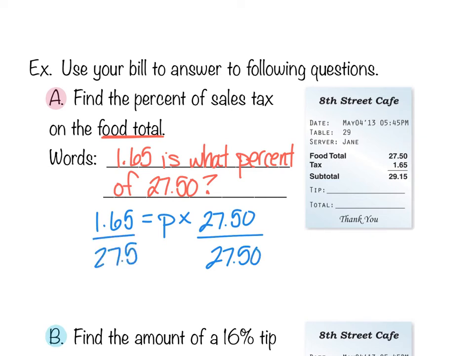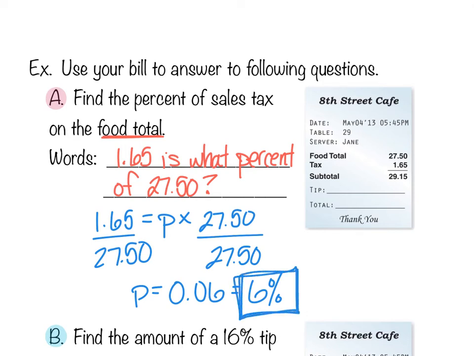Remember, P needs to be a percent. So I use my calculator, 1.65 divided by 27.5, and that's going to be 0.06. So because I have to give my answer as a percent, that's going to be 6%. So 6% of my total bill was the tax, and that's what corresponds to the 1.65. That was 6% of it.